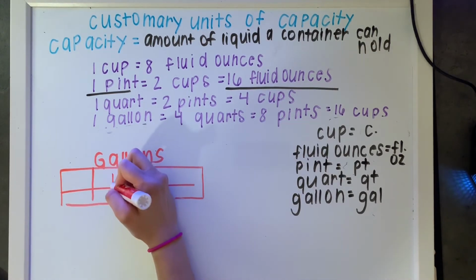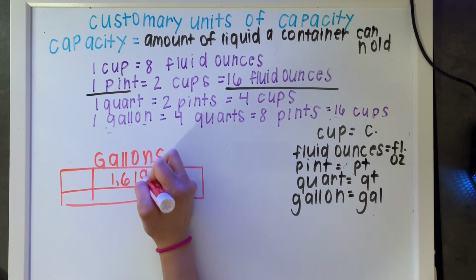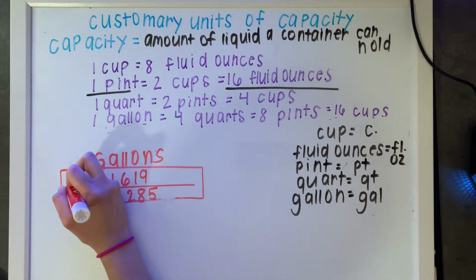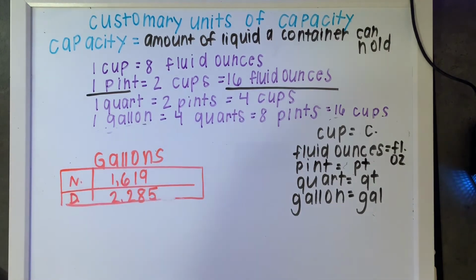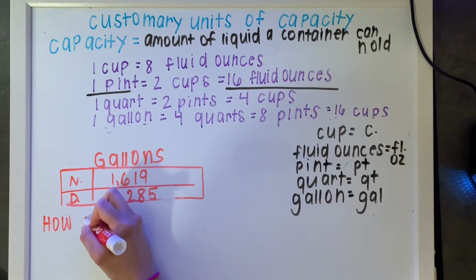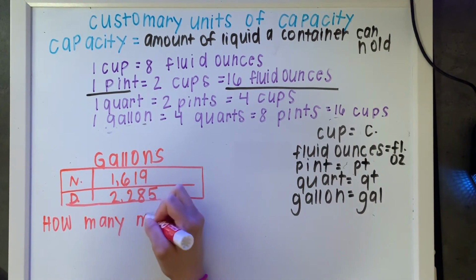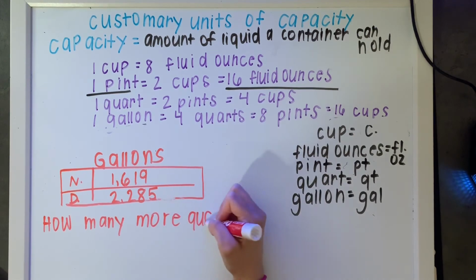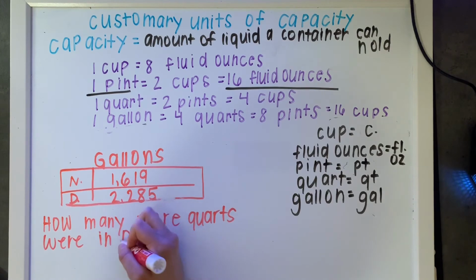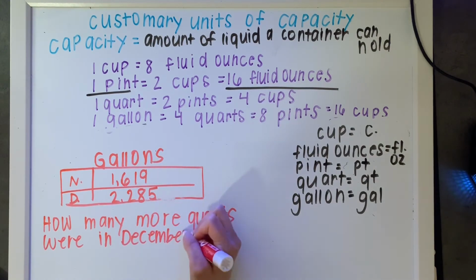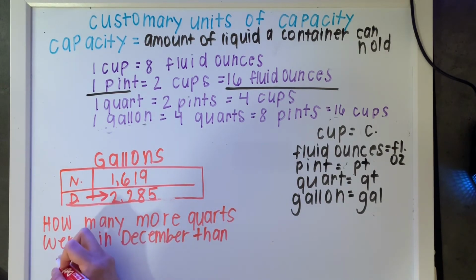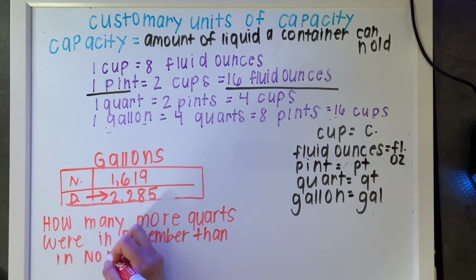It doesn't really matter what numbers they are right now. So the whole chart's in gallons, and then the question will ask you something like, how many more quarts were in December, so D for December, than in November?